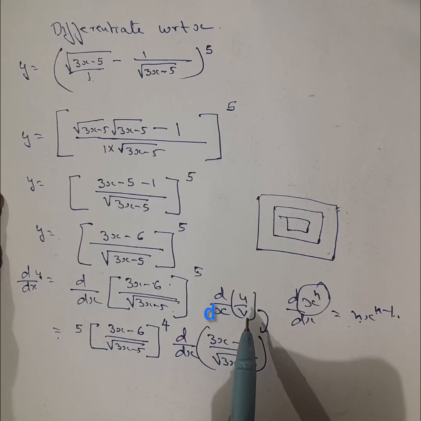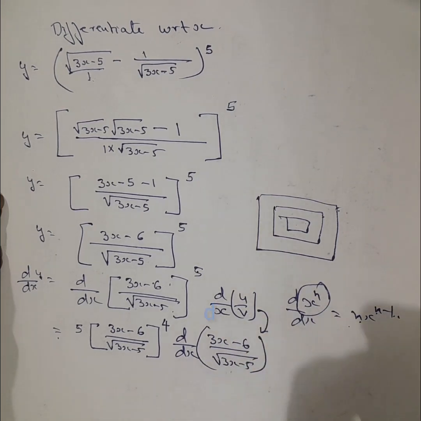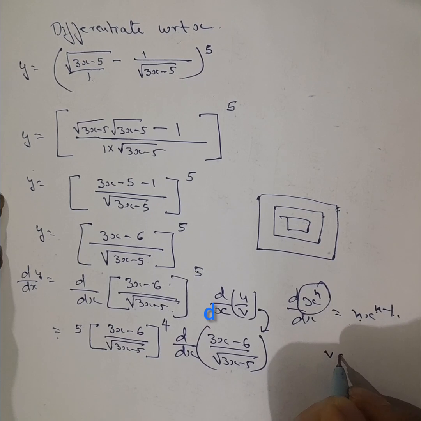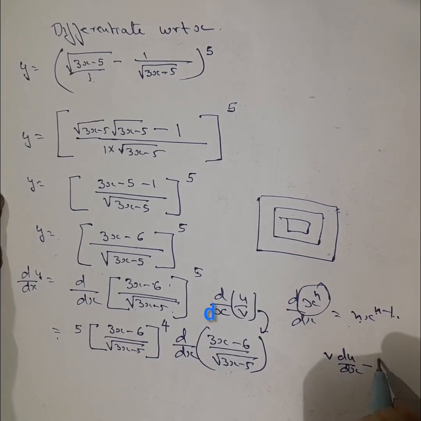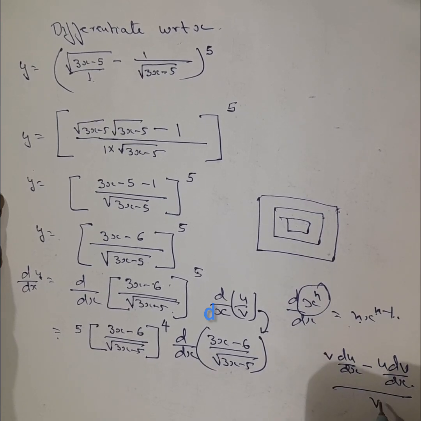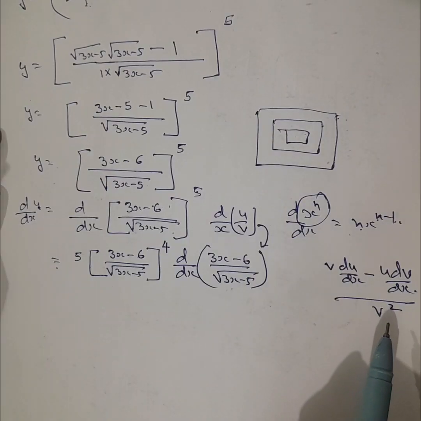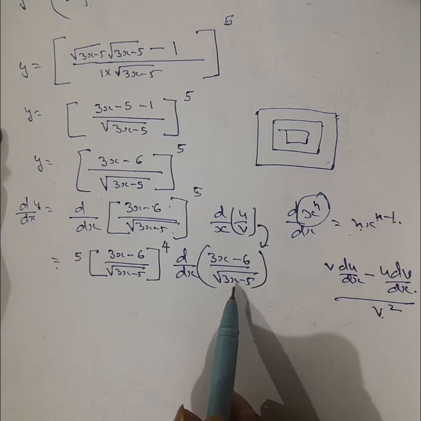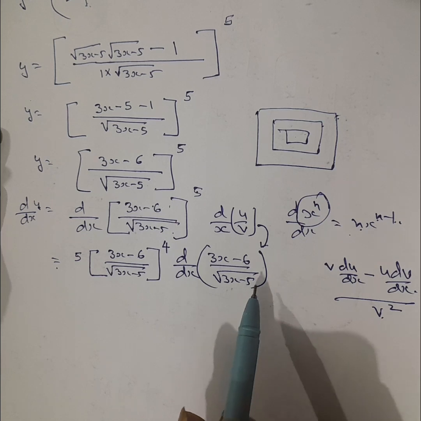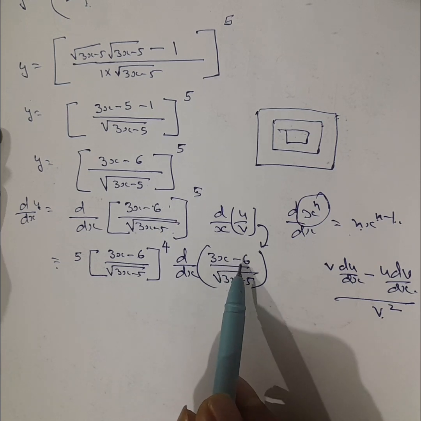Now for the u by v rule we know it is v du by dx minus u dv by dx upon v square. This is the rule we know. Here v is root of 3x minus 5, and u is 3x minus 6.